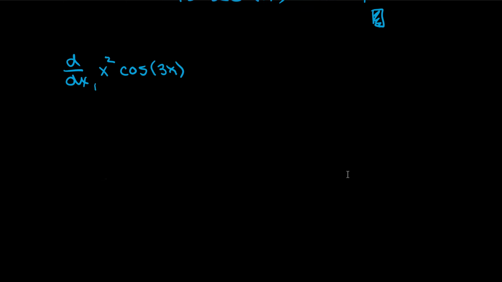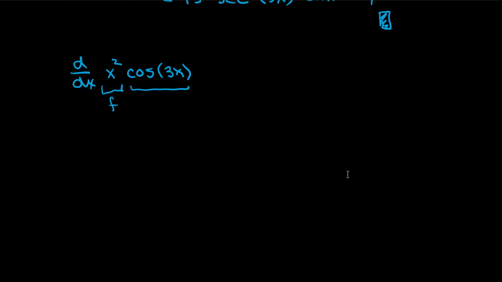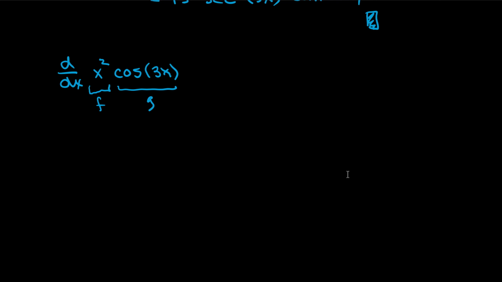So we're going to have our first factor that we'll call f, our second factor that we'll call g, and wow, it's been a little while since we've done a product rule. It's going to be f prime g plus f g prime. Well, f prime is going to be the derivative of x squared, which is just 2x. G, that means we just copy down as cosine of 3x.